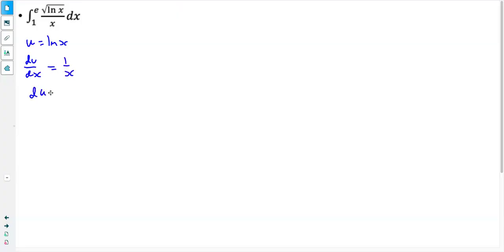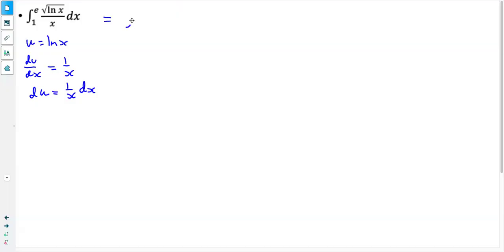Or rearranging, du is equal to 1 over x dx. So this part here cancels off that. We substitute in du for that. Now this one I'm going to do a bit different from the other one. I'll get to that momentarily.